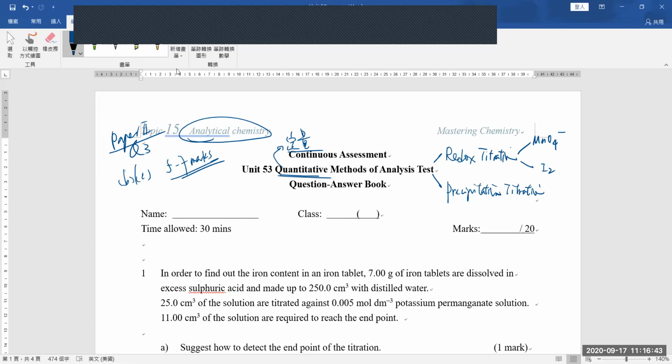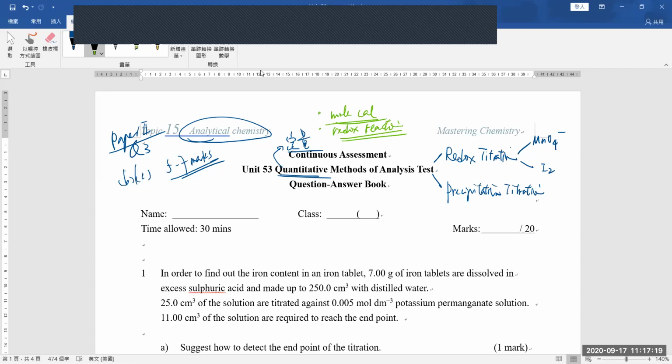And before you can attempt this part, you should get to know something like MoCal. You should know something about redox, because very often we are asking you for the balancing of the equation. And if the equation has not been balanced, you cannot proceed to the calculations. So if you want to score that 4, at least you need that 2.